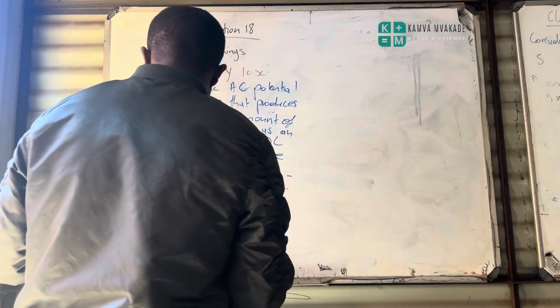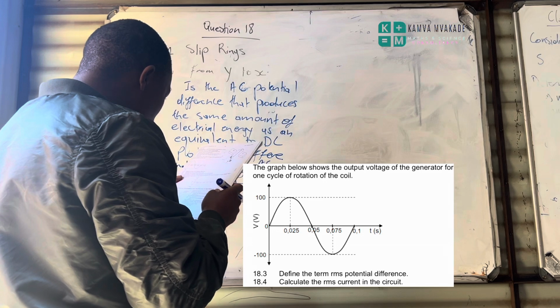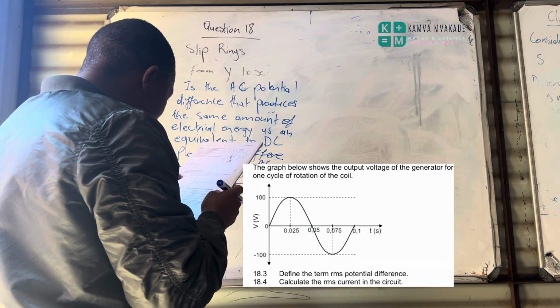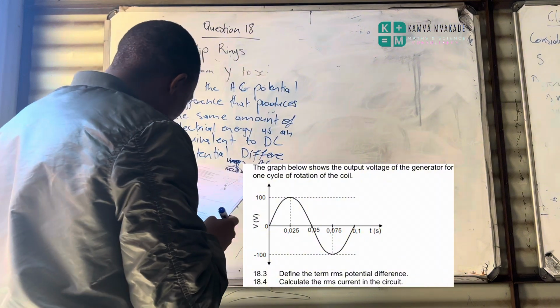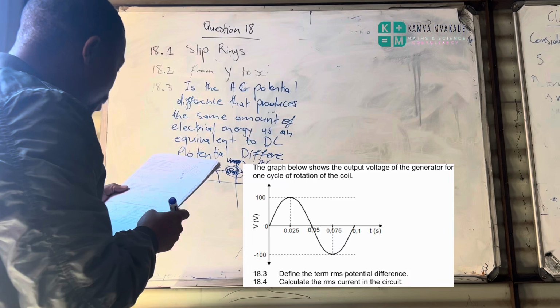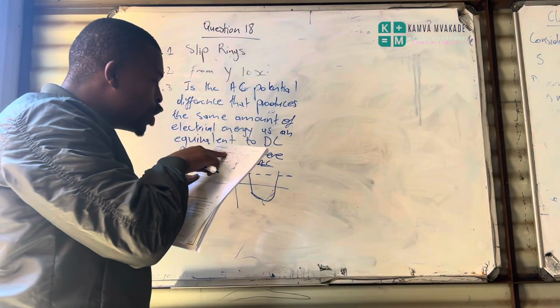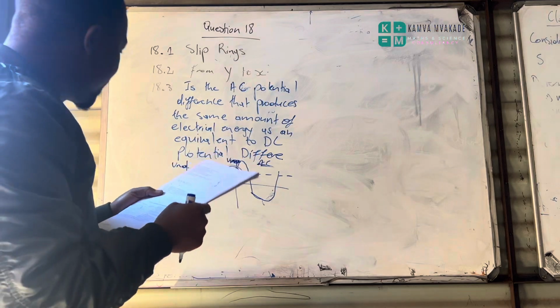Good. And then they ask us to calculate the root mean square current in the coil, 18.4. Initially they told us that this generator is connected to a 25 ohm resistor.